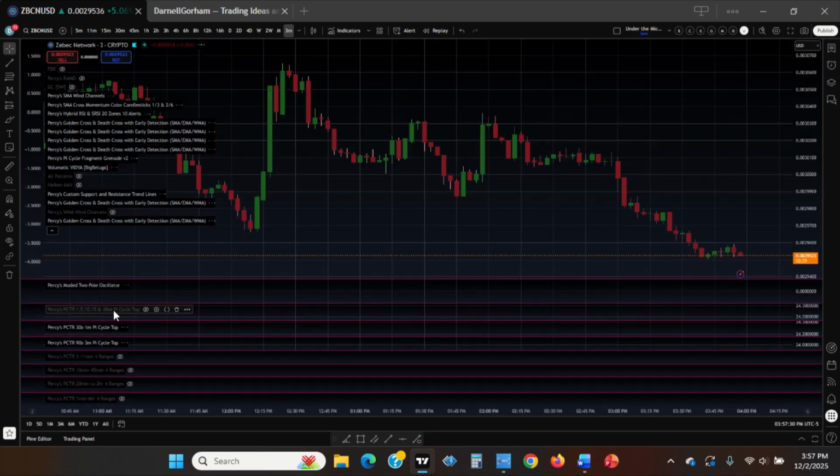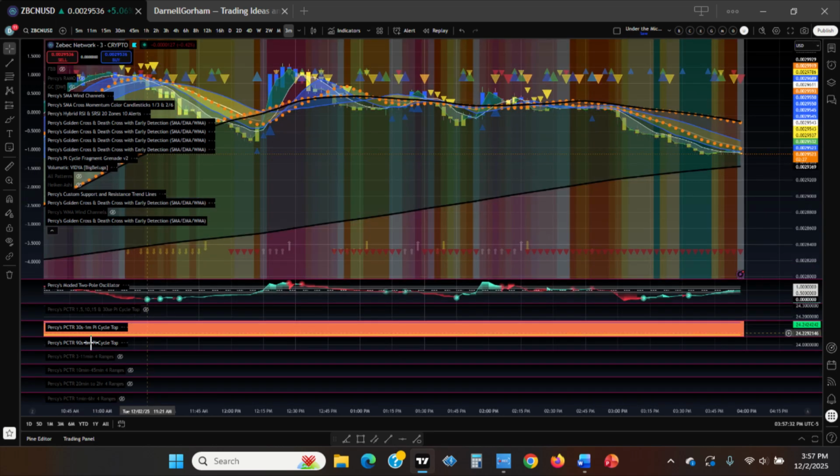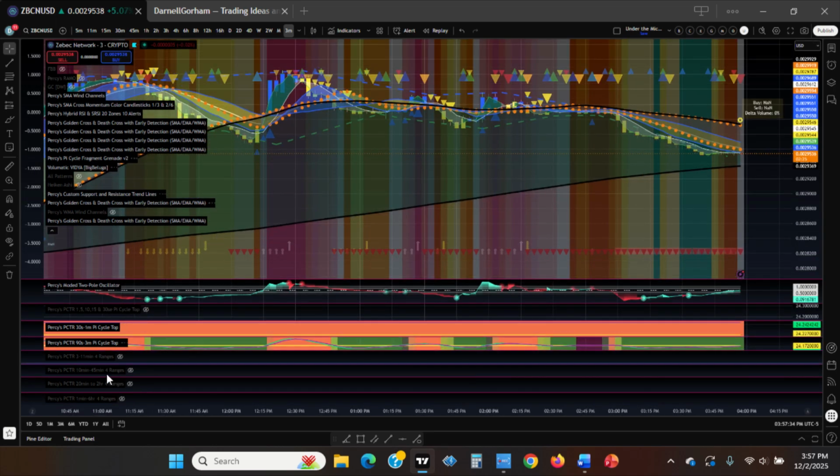Because you can see the pie for the various time frames here. I'm looking at the last number: 11 minutes, 45 minutes, 2 hours, 6 hours. Okay, I'm looking at the last number for the pi cycle top. This is a beautiful thing.